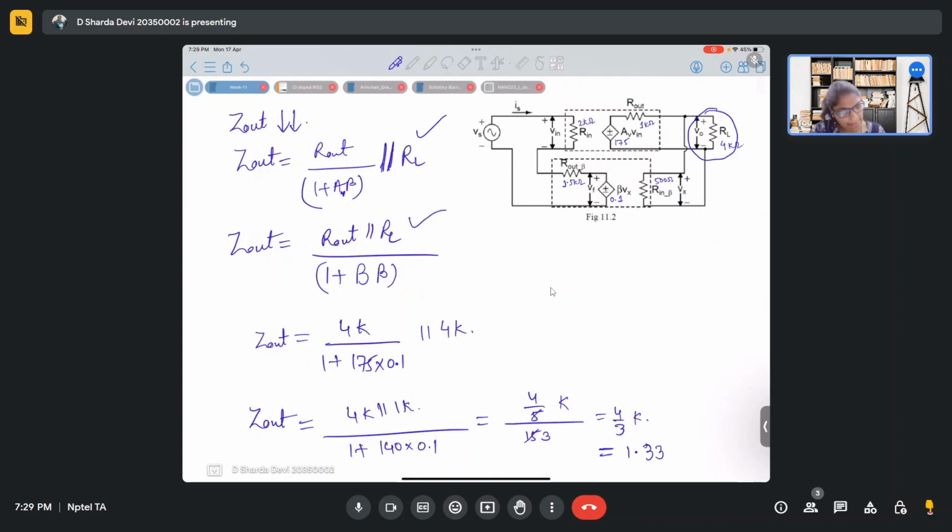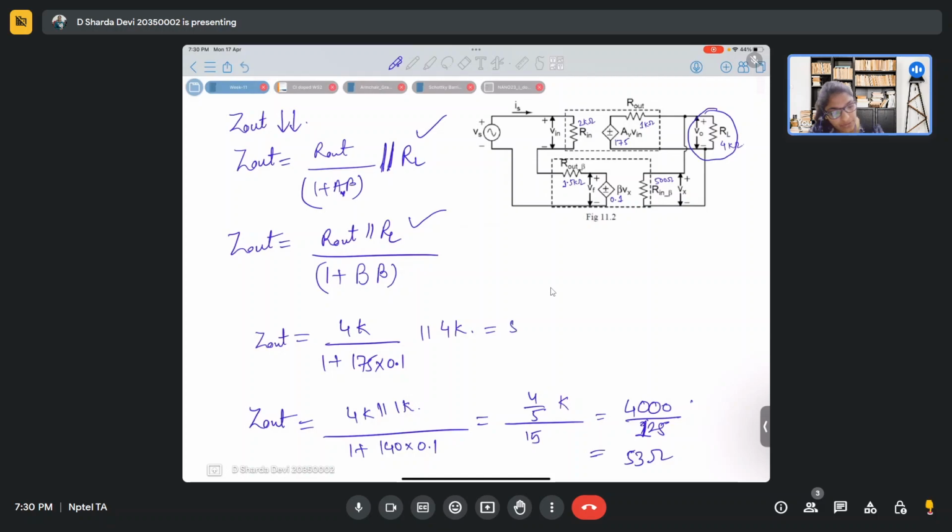How much are we getting? 5000 by 125, around 53 ohms.